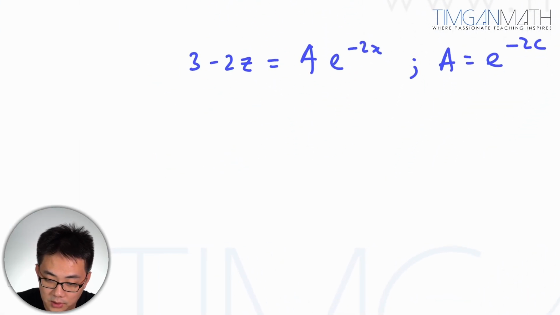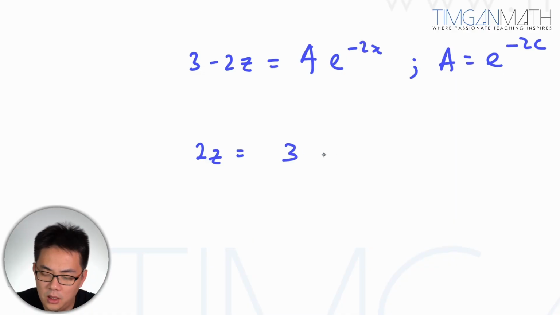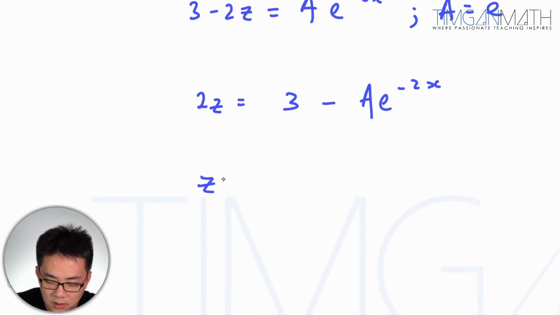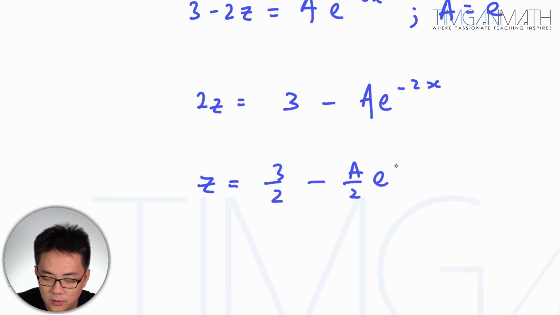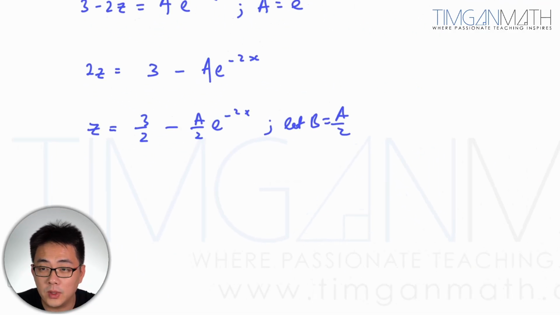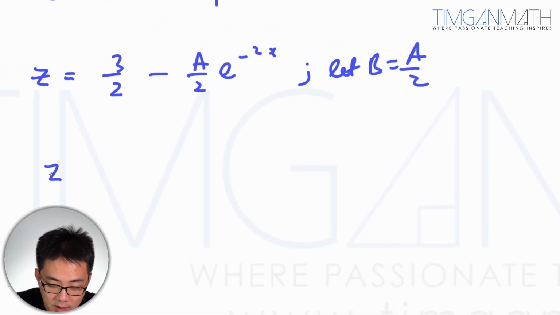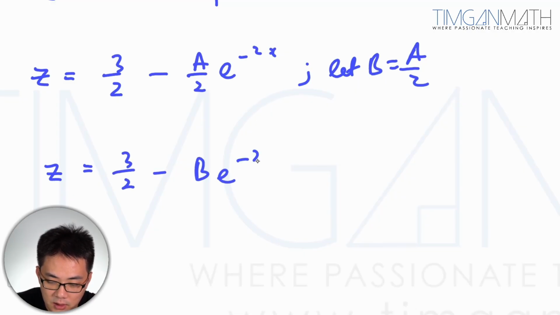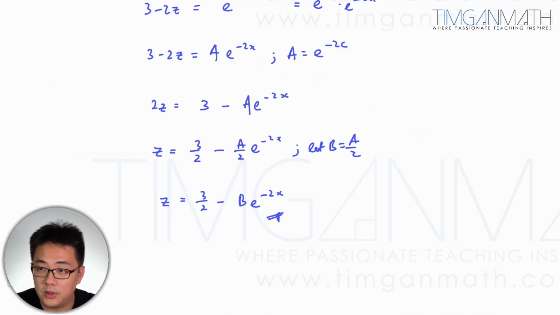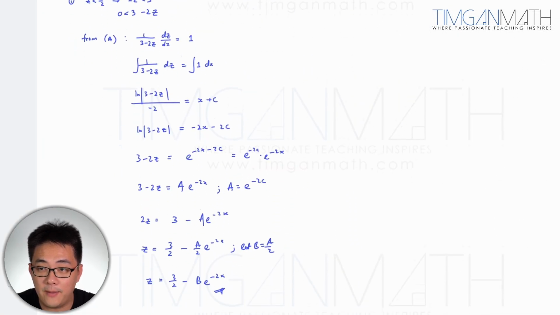Then I'm going to put z on the other side: 2z equals 3 minus A e to the power of minus 2x, and divide by 2, so z equals 3 over 2 minus A over 2, which can also be a constant, so let B equal A over 2. Once this is done, we get z equals 3 over 2 minus B e to the power of minus 2x. So this is how you solve this differential equation for the first part.